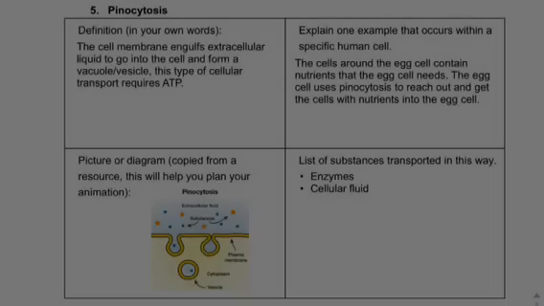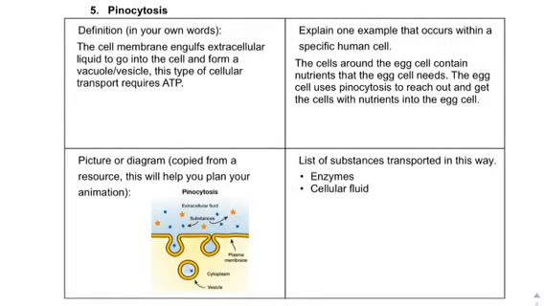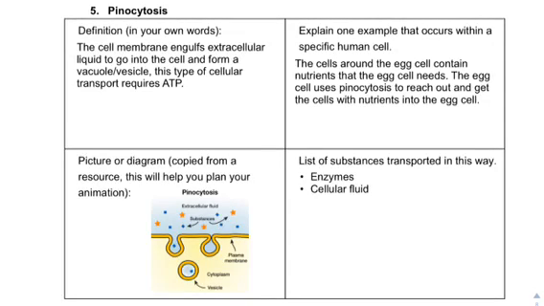Pinocytosis. Definition: the cell membrane engulfs the extracellular liquid to go into the cell and form a vacuole/vesicle. This type of cellular transport requires ATP.